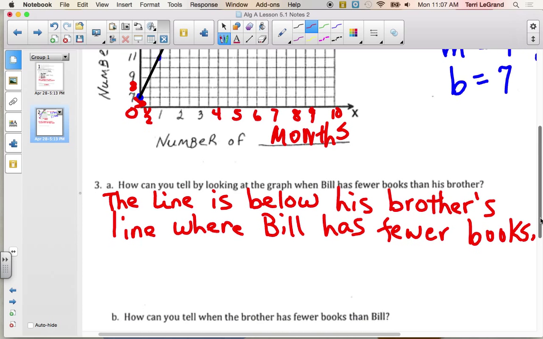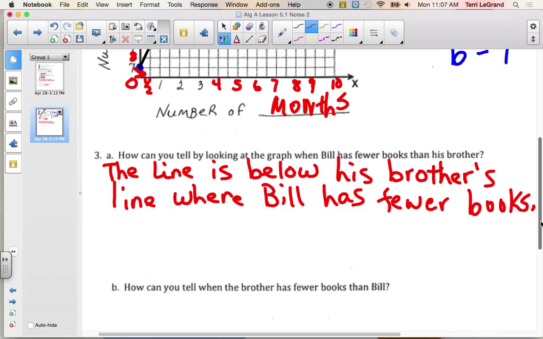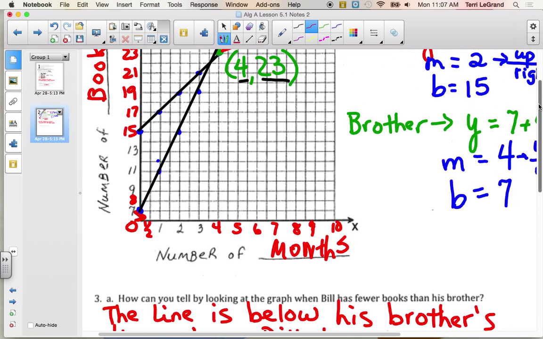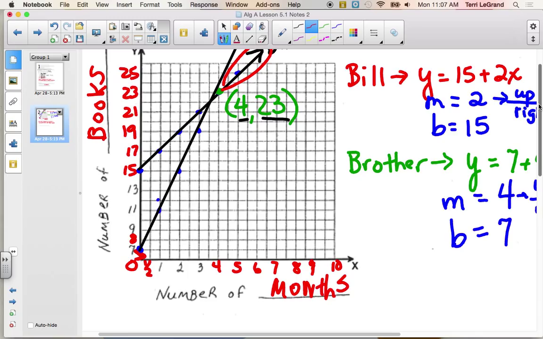How can you tell when the brother has fewer books than Bill? When would that be? 3 months. Yeah, so from this point of the graph, this is when the brother has fewer books, because his line is below Bill's.